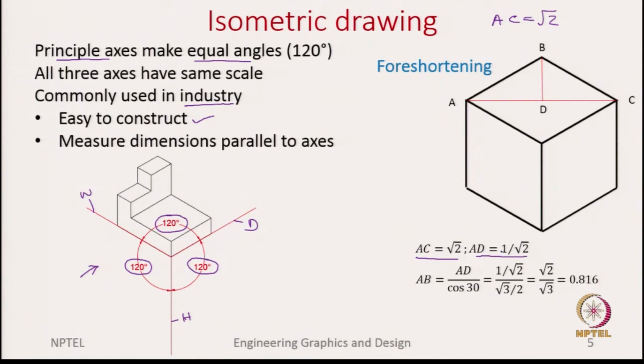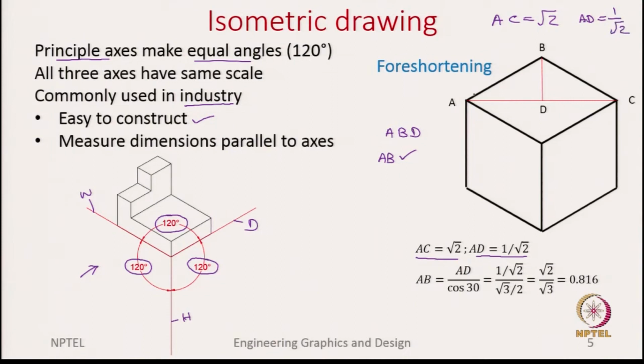Now, let us do a little more geometry. Let us consider the triangle A, B and D. We are interested in the side AB. We need to know what is the length of the side AB. We just showed that AD is equal to 1 by root 2.